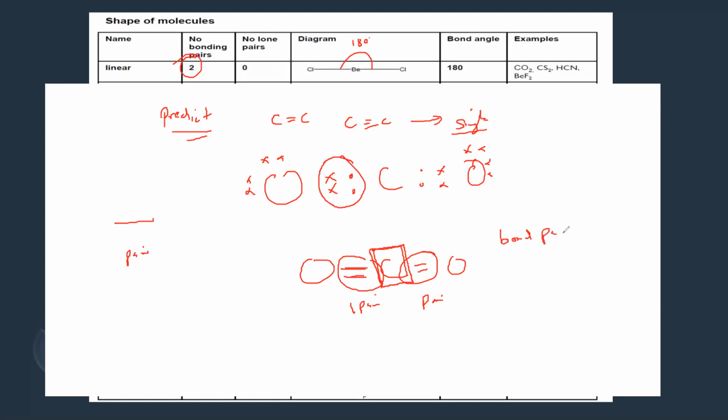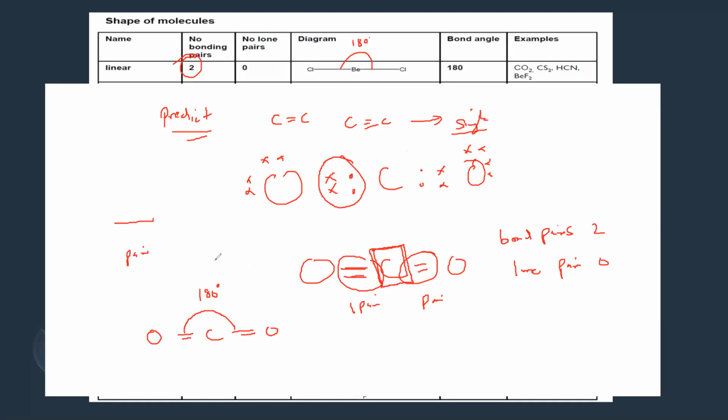So how many bond pairs are there? 2. How many lone pairs? 0. So with two bond pairs and no lone pair, what will be the structure? It will be a linear structure, in a straight line, with a bond angle of 180 degrees. Is it clear?